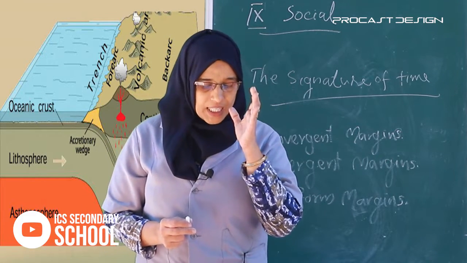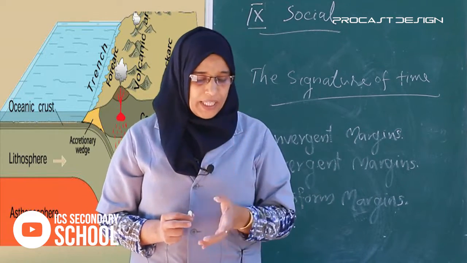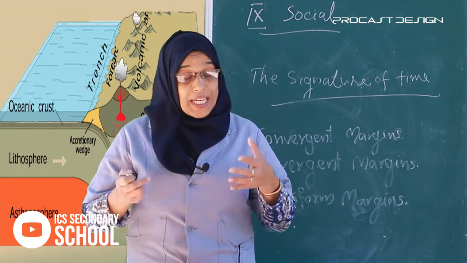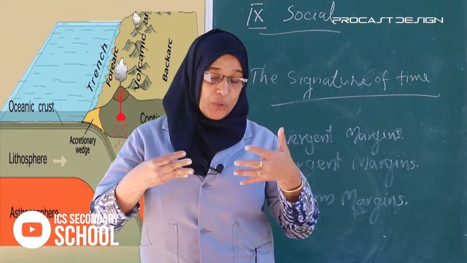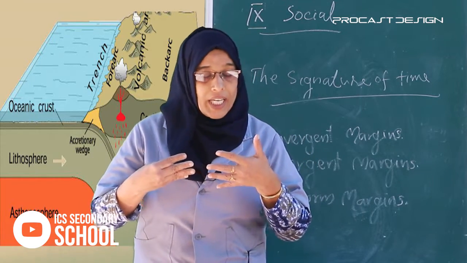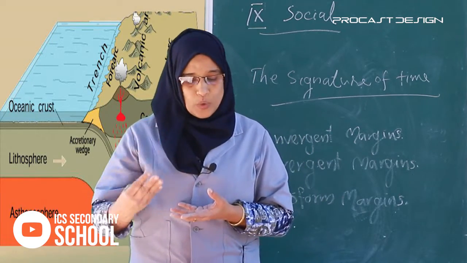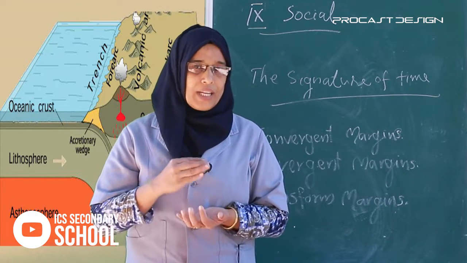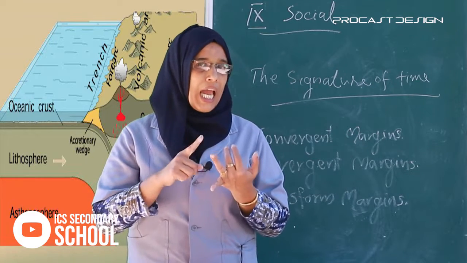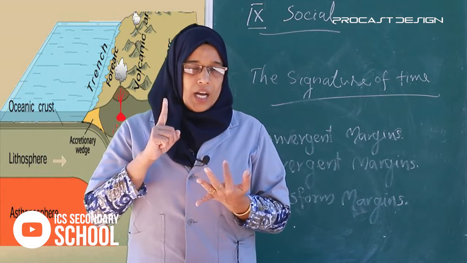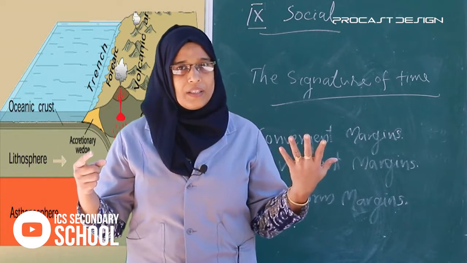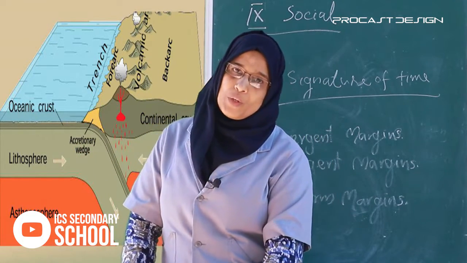Fold mountains are formed along convergent margins, where plates move toward each other. The Himalayas, Alps, Atlas and Andes are examples of fold mountains.